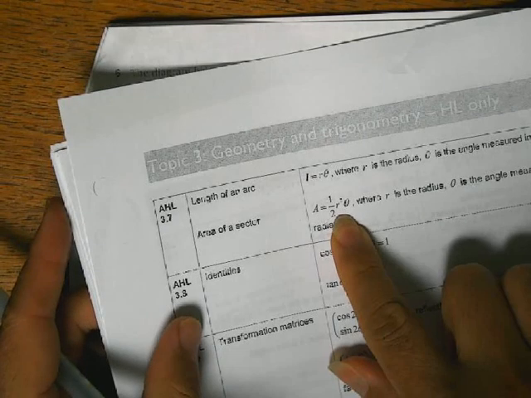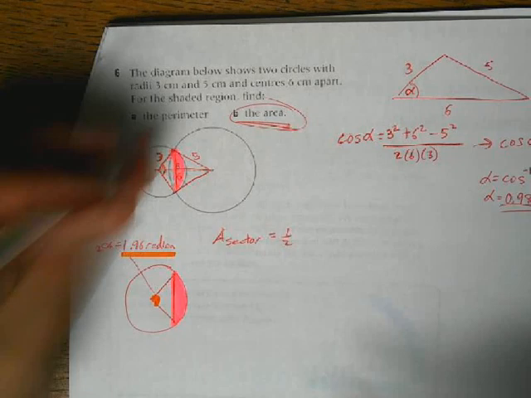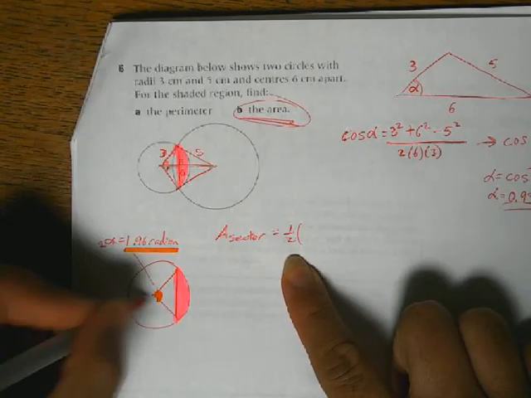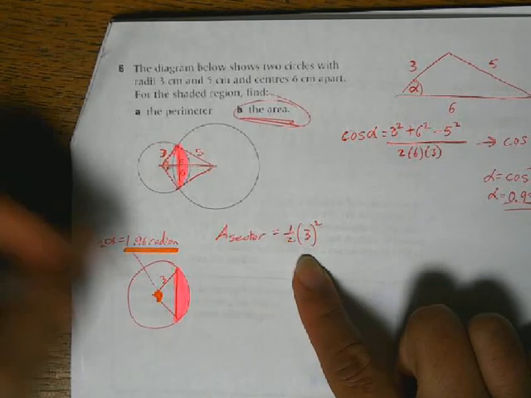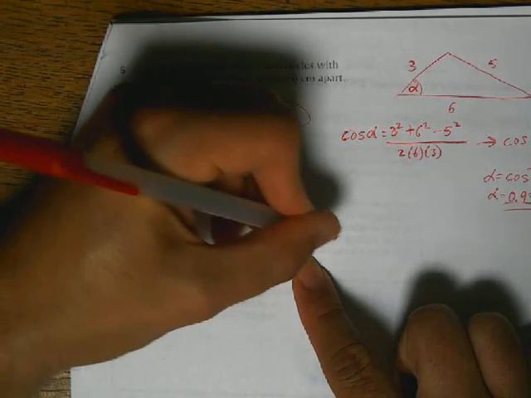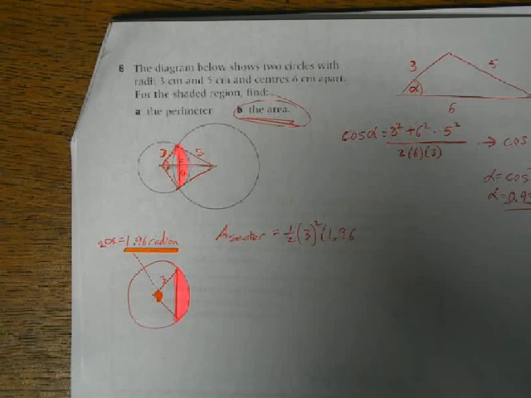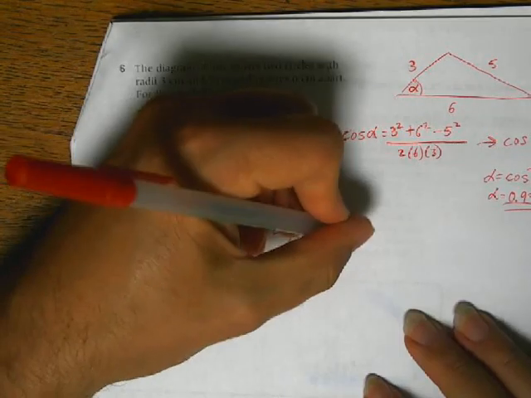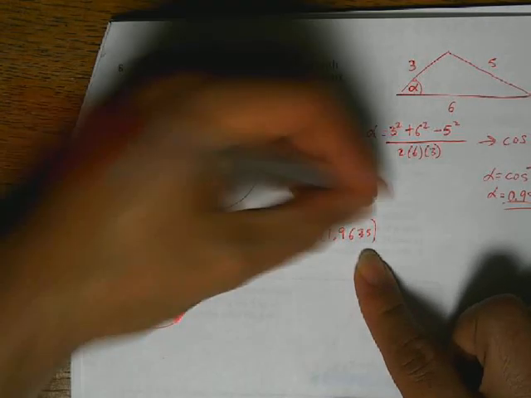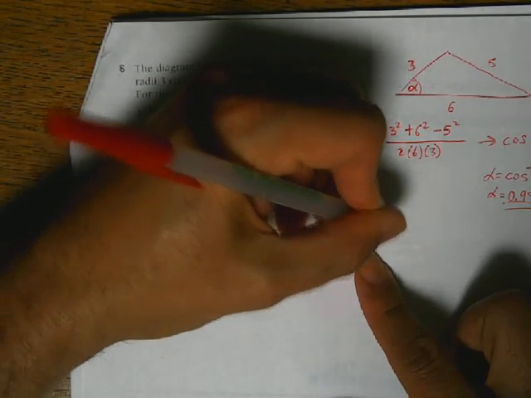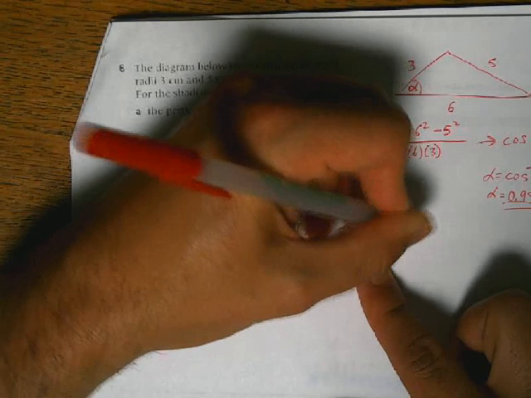The area of the sector is 1/2 the radius squared times the angle in radians. So 1/2 the radius squared, which is 3, and the angle in radians is 1.96. I did this before, it's 1.963 and so on. And so that sector area is 8.836.